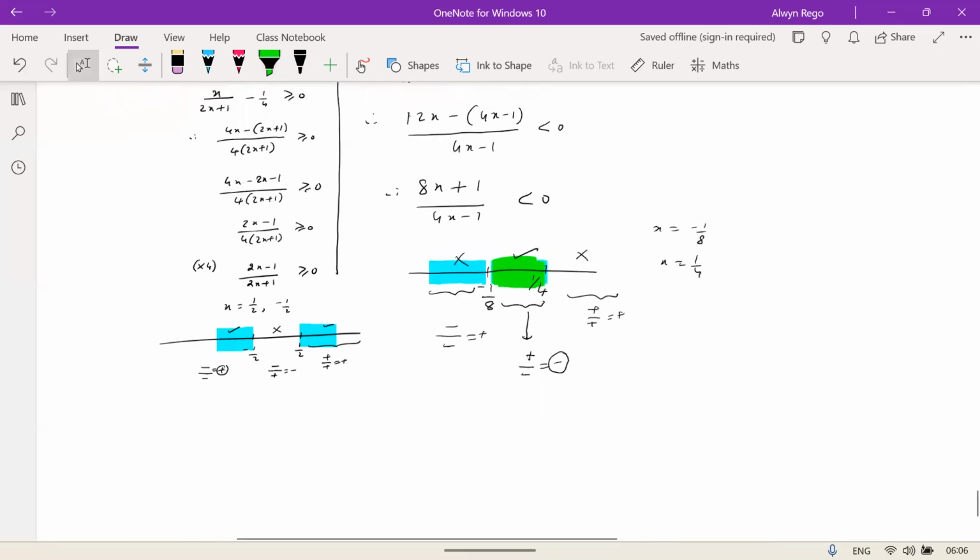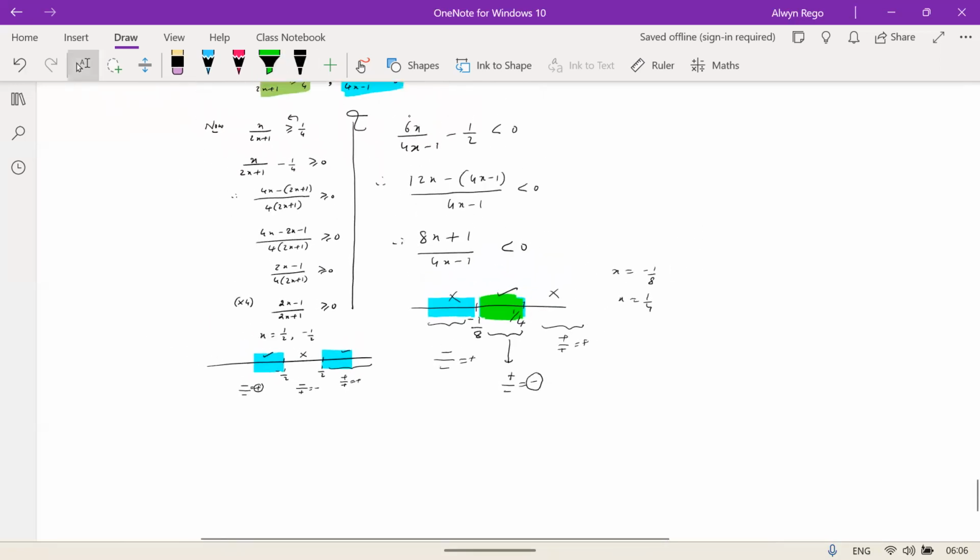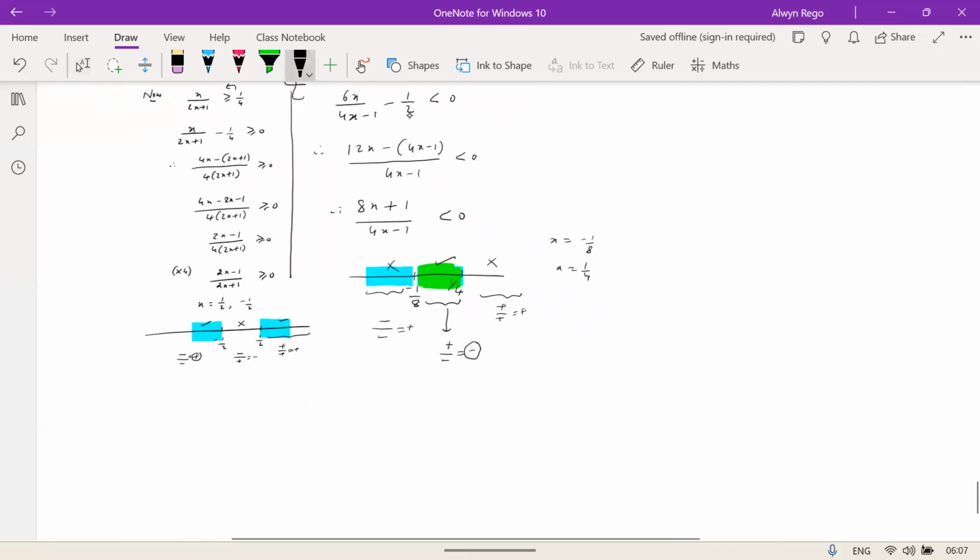Now, trying to satisfy both the things, I'll just analyze the number line here. So you have a negative half placed here. Negative 1 by 8 is somewhere here in the increasing order; negative 1 by 8 is to the right of negative half. And then you have a quarter here, and then you have a half here.